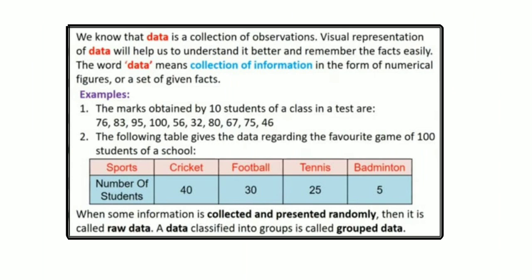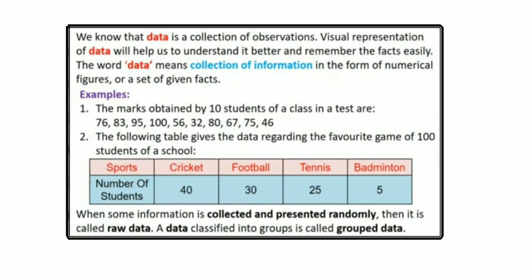Here the games are given: cricket, football, tennis and badminton, and the number of students: 40 students like cricket, 30 students like football, 25 students like tennis and 5 students like badminton.